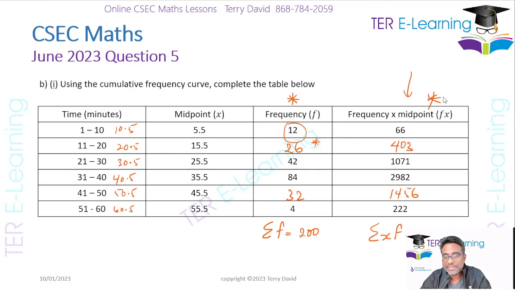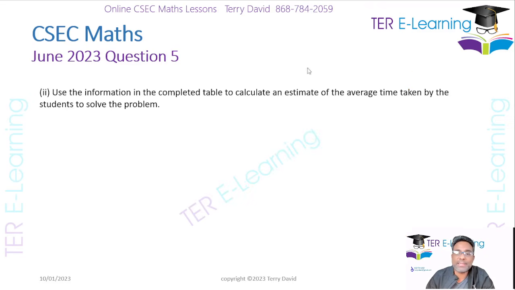So that's 66 plus 403 plus 1071 plus 2982 plus 1456 plus 222, and you're going to get 6,200, right? So I have sigma XF and I have sigma F. You want to estimate the average, so that's the mean.